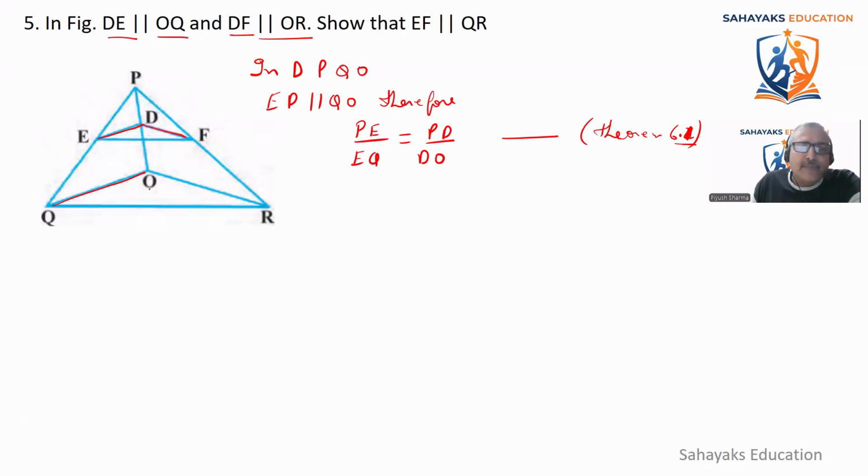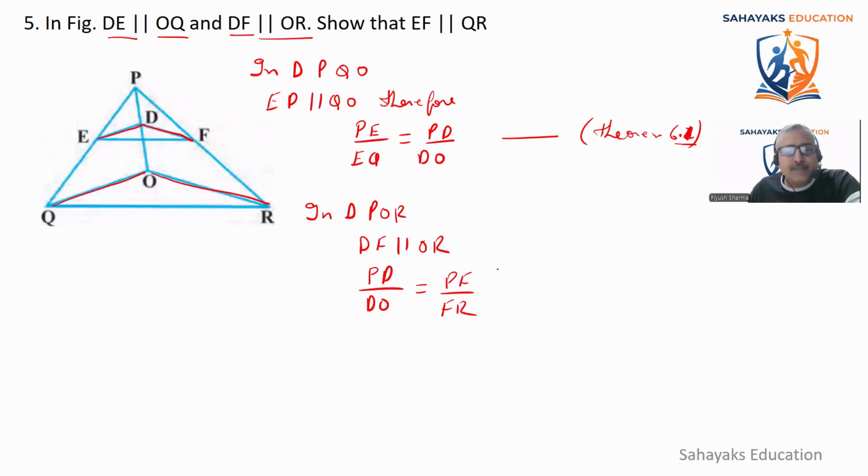Okay, then DF is parallel to OR. So we'll take triangle POR. In triangle POR, DF is parallel to OR. So what is going to happen now? PD divided by DO should be equal to PF divided by FR. Okay, now you see, this is also PD by DO.